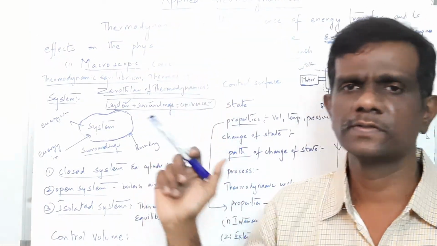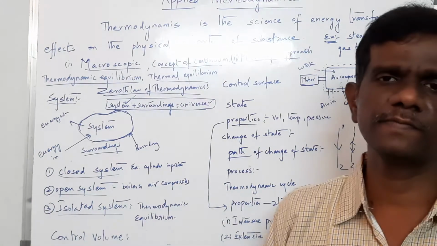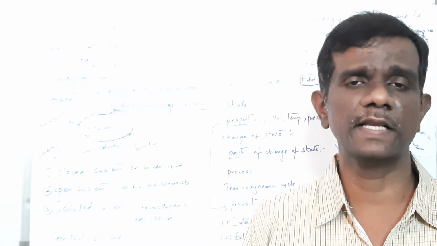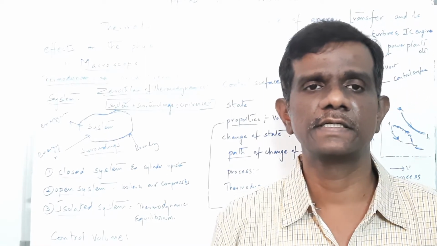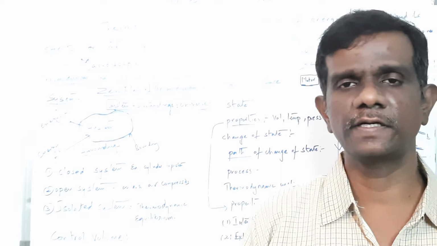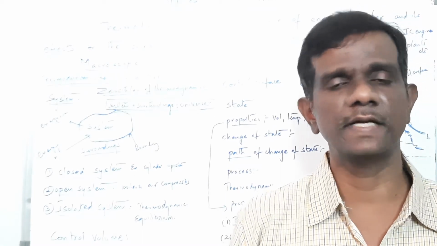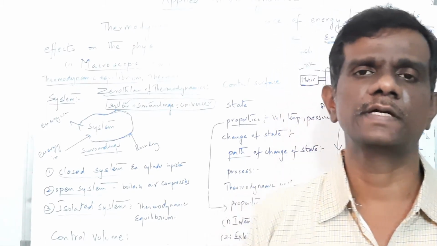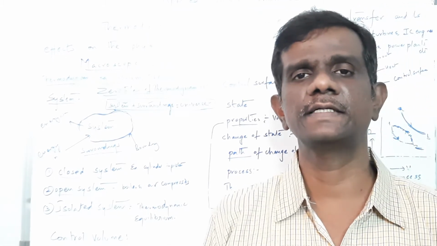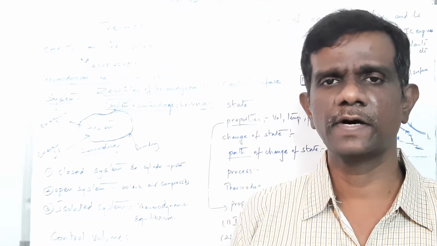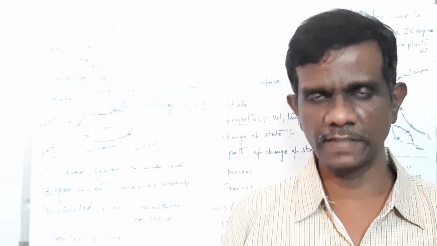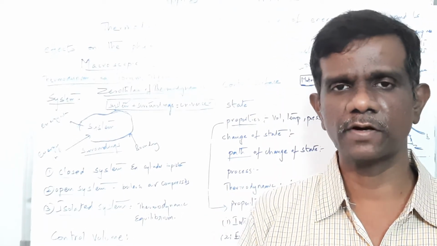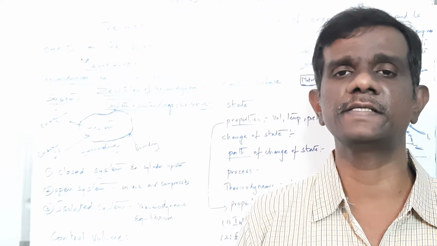Continuum means, so phase. What is meant by phase? We are already well aware of water. If it is in the solid phase, it will be ice; in the liquid state, it will be water; and in the gaseous state, it will be vapor. So the component is the same, but it exists in three phases.